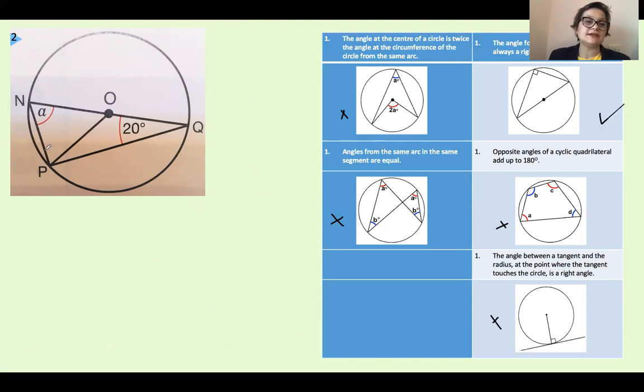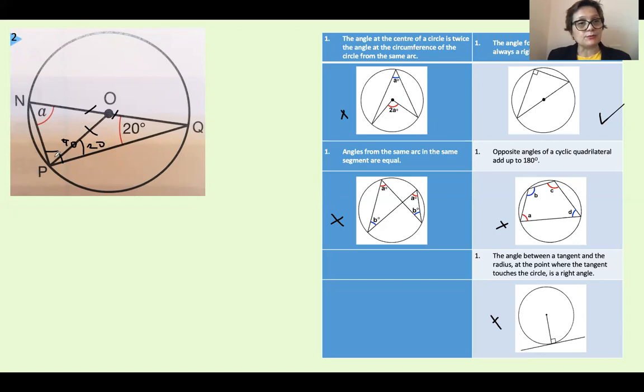Again, this angle here is a 90-degree angle from exactly the same theorem: the angle formed in a semicircle is always a right angle. And this is 20 degrees. That means this angle here is going to be 20 degrees because the sides are equal, and triangle POQ is an isosceles triangle.